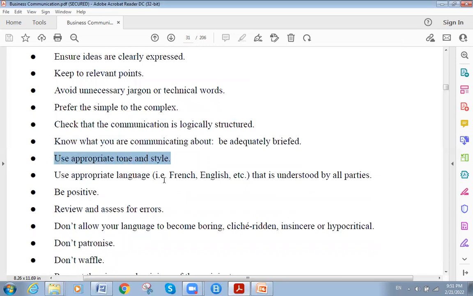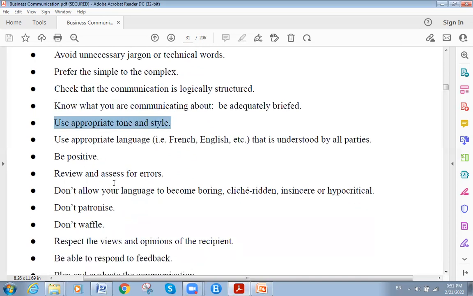Use appropriate tone and style: the tone of your talk, how your voice goes up and down, and how you stress the very important points. Use appropriate language that's understood by all the parties. Be positive. Review and assess for errors.